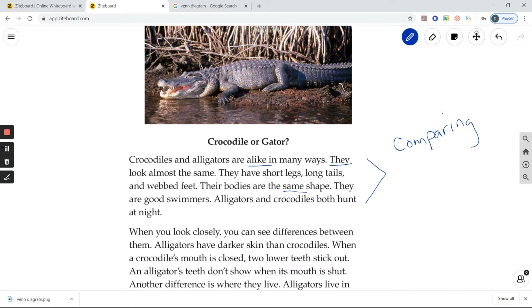Alligators and crocodiles both hunt at night. So some details I know that are the same: their body shape, both are good swimmers, and they both hunt at night.